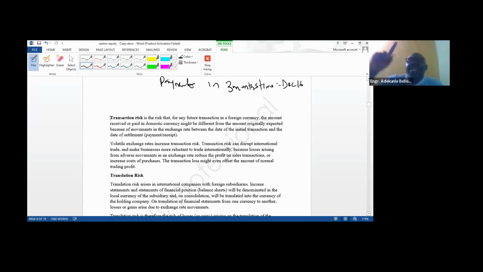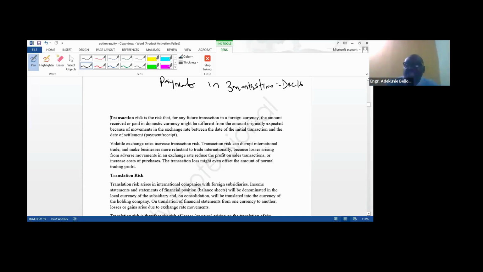Can you predict the exchange rate between naira and dollar? Nobody is sure. Naira may depreciate or appreciate. Dollar may depreciate or appreciate. Because you are not sure, if you are making your payment in 3 months, you are not sure of the amount of naira you are going to require to buy dollar.